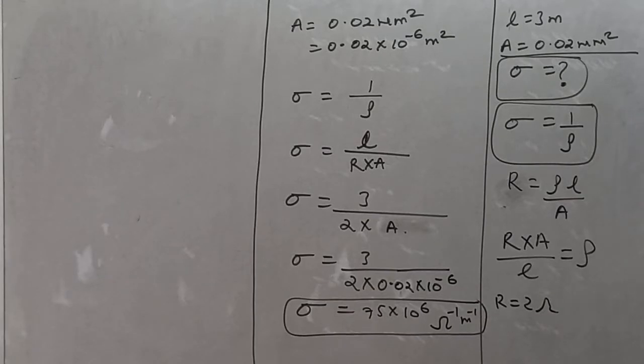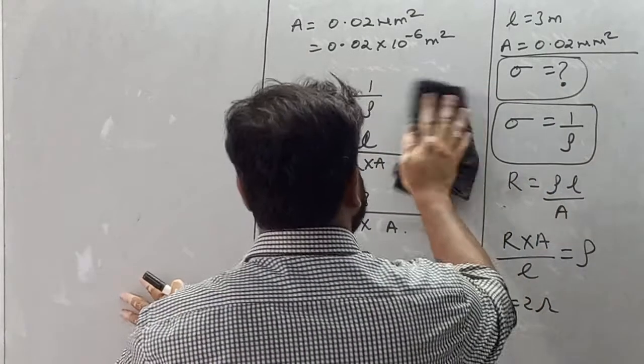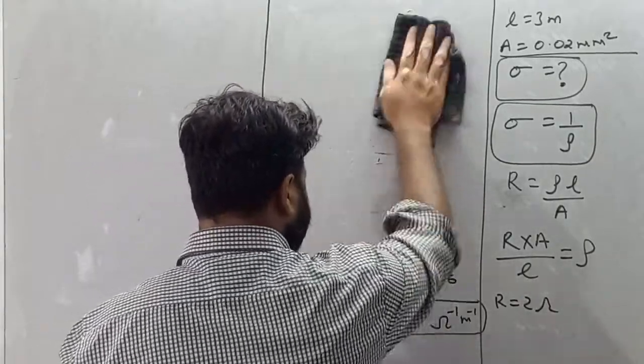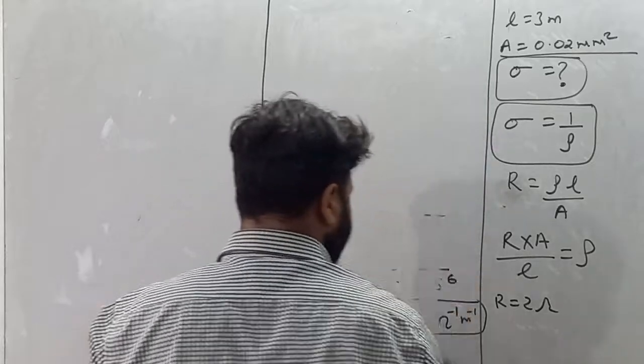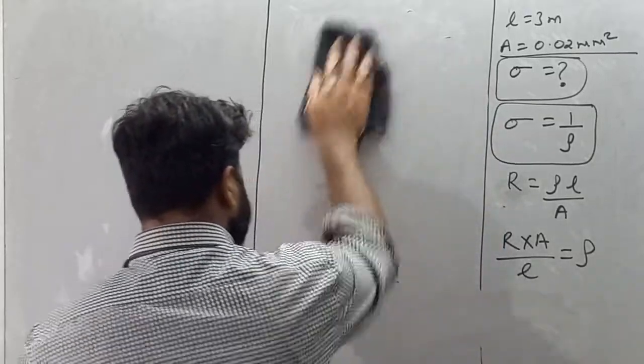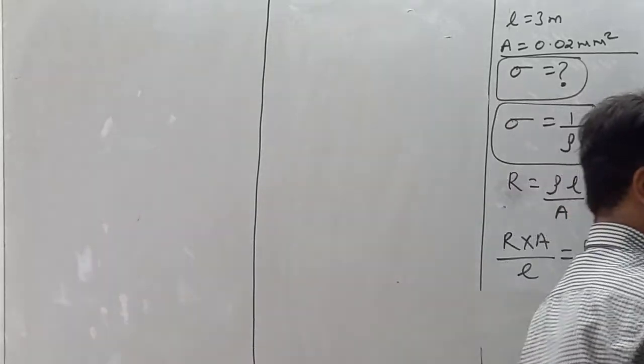Calculate the electric field in a copper wire of cross sectional area 2 mm square.